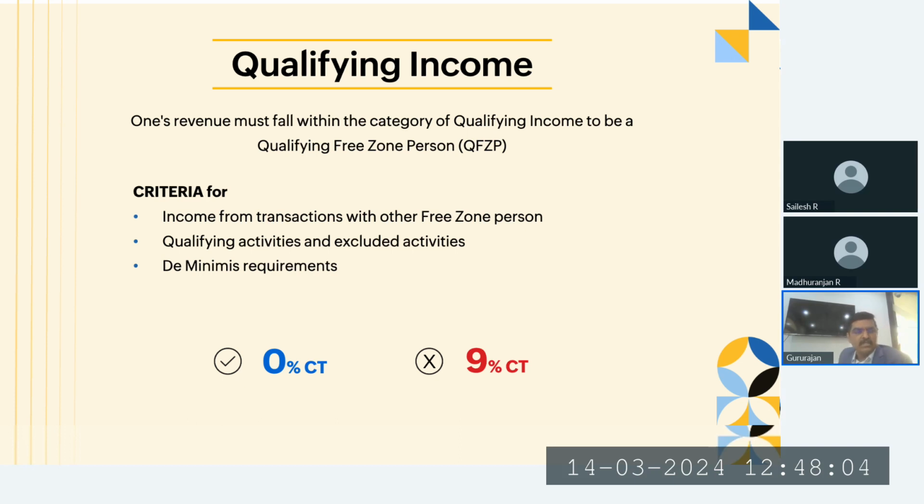De minimis means that if your non-qualifying activity does not exceed 5% of the total revenue or 5 million dirhams, then you need not worry. You can rest assured that you are coming under qualifying income, so you will fall under a qualifying free zone person. This is a very important thing if you are specifically incorporated under any free zone, and you need to be cognizant of it. Moving on, next slide, please.